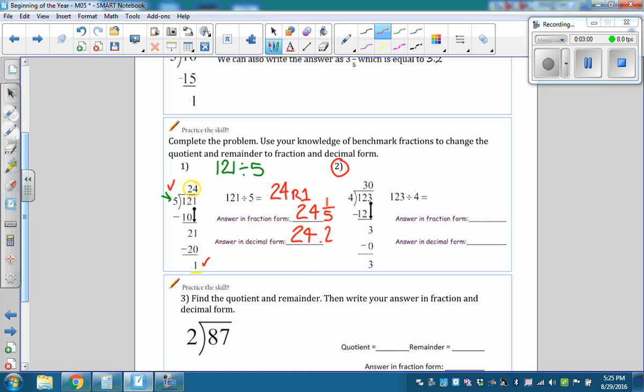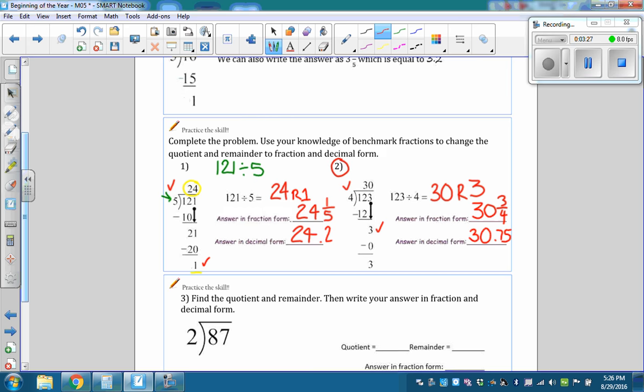Similarly, on example 2, 23 divided by 4 is 5, remainder 3. That's what you did when you were really young. Then, when you were a little older, you wrote your answer in fraction form, 5 and 3/4. And many of you know that 3/4 is like 75 cents.